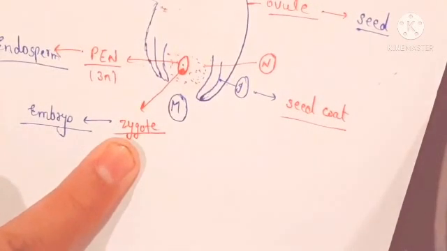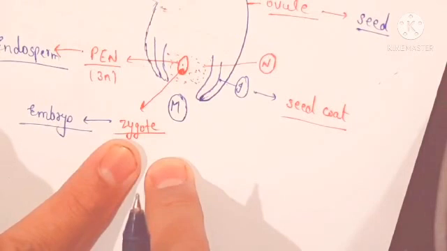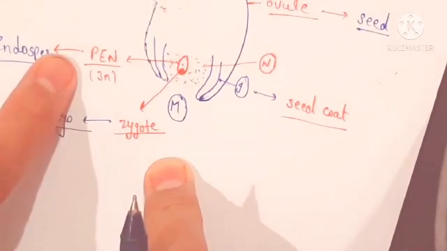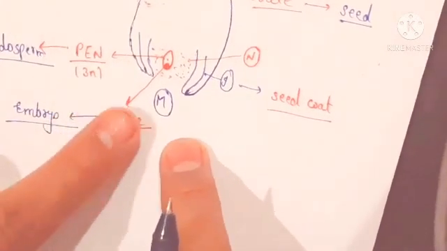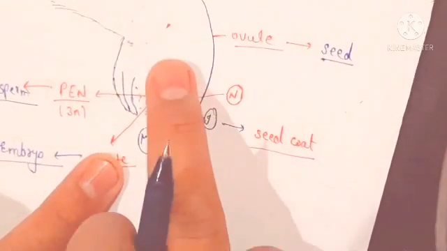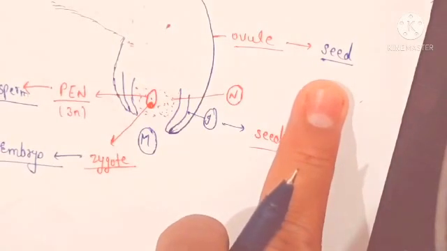This zygote is in the fertilization phase. In the post fertilization phase, this zygote is converted into embryo. The primary endosperm nucleus is converted into endosperm. After that, this integument is converted into seed coat, and this ovule is converted into seed. That's all the events.